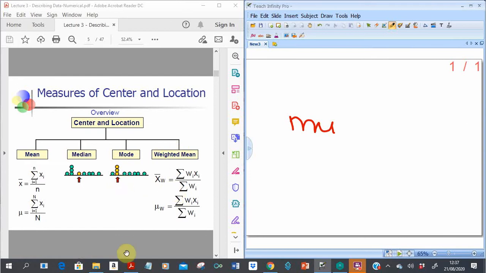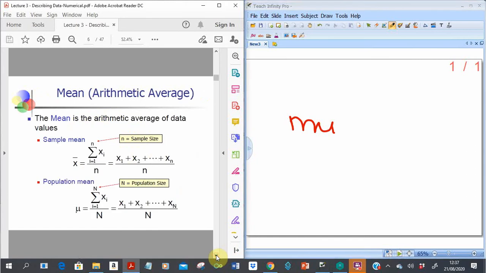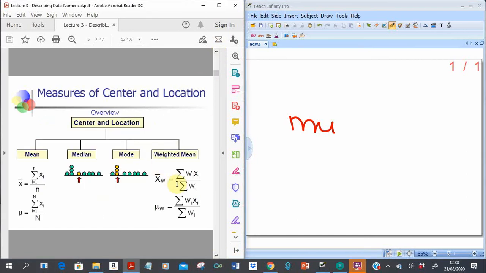For the weighted mean, we are still finding the average, but you have to multiply the values by their weights. So you multiply every value in the data set by its weight and divide by the sum of the weights. Even for the weighted mean, we have the sample weighted mean and the population weighted mean.